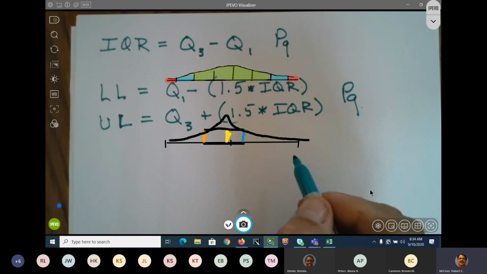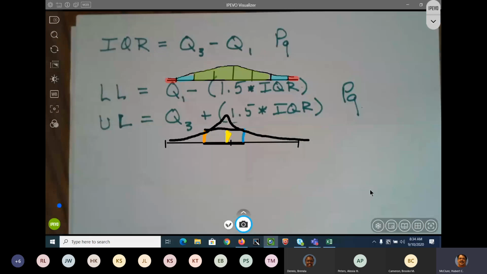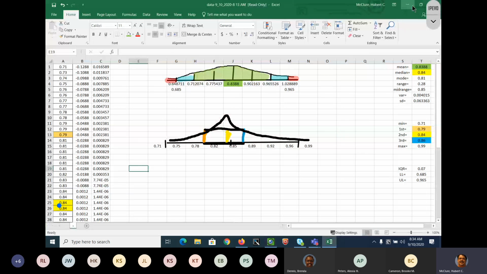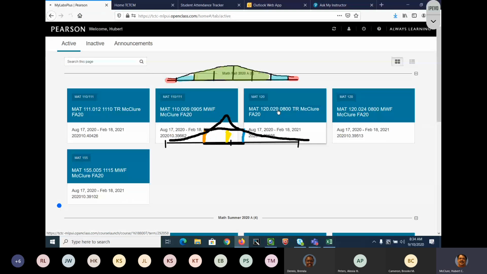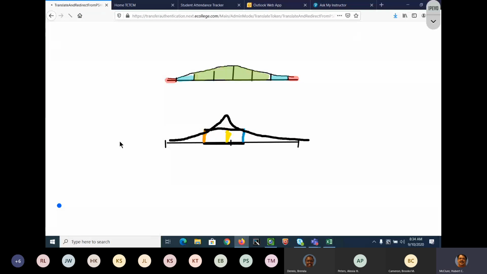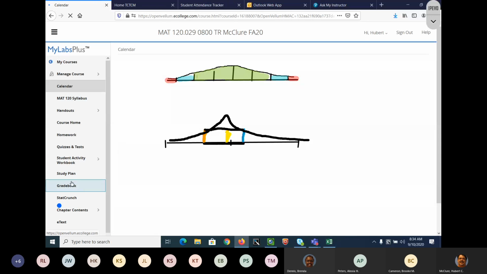Can you see if you see a box with the interquartile range in it? Let me see if I can find it. I know it's in 5.4.